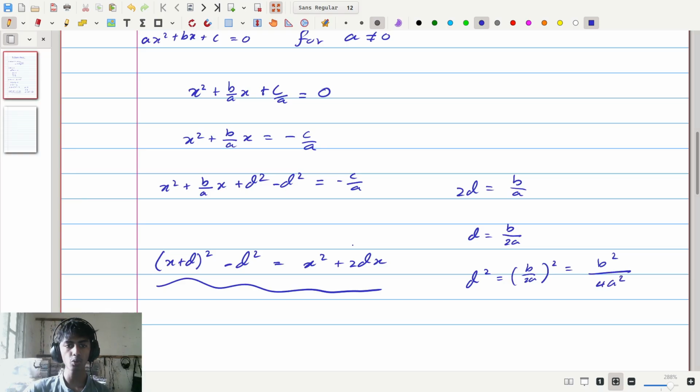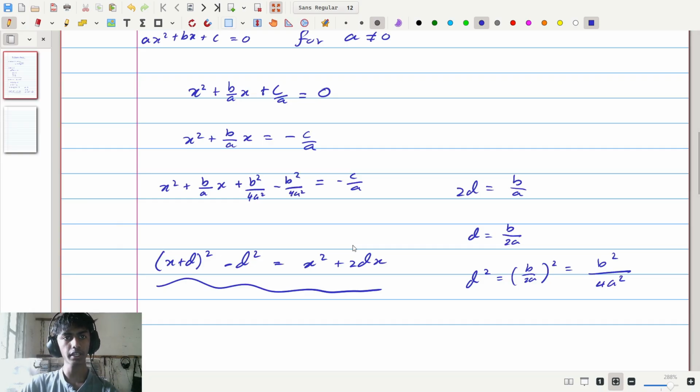So what we need to do here is to add and subtract a component of b squared divided by 4a squared. If we just do that on the right side here, we can write plus b squared divided by 4a squared and minus b squared divided by 4a squared.